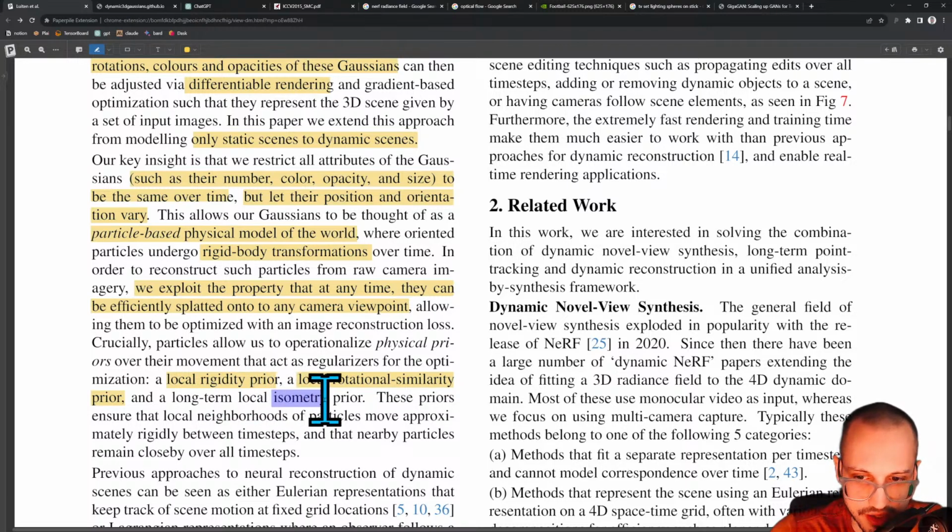Isometry just means, iso means same, so isometric means it doesn't change as you move it, so the metric stays the same. So local isometry prior, maybe that kind of sounds like the local rigidity prior, but we'll see how that's different. These priors ensure that local neighborhoods of particles move approximately rigidly between time steps, and that nearby particles remain close by over all time steps.